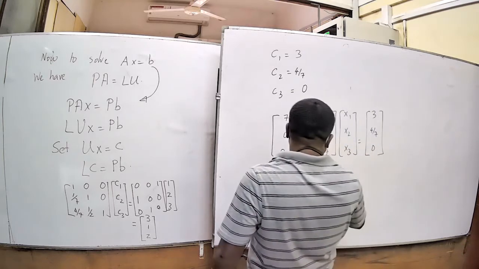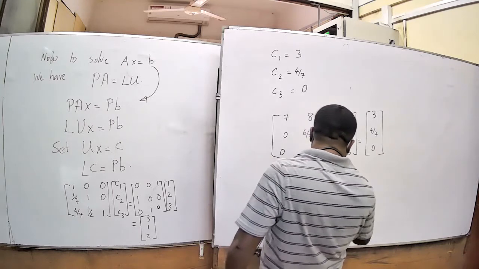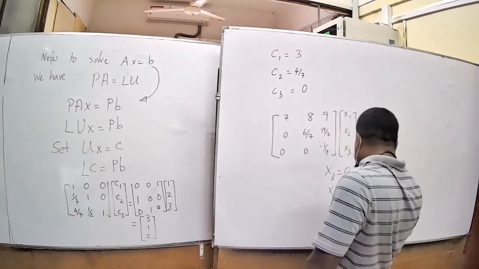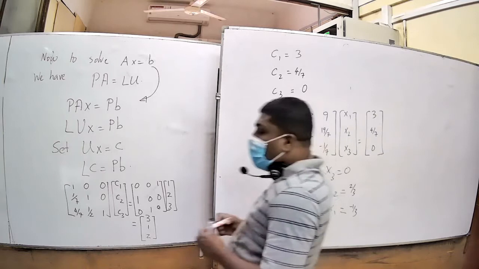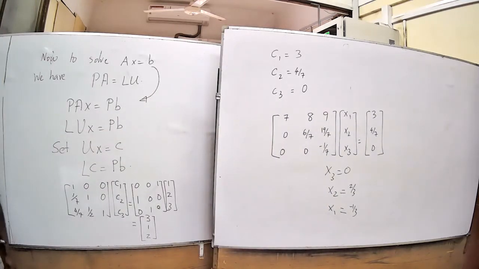So you get x3 is equal to 0, x2 you can find, x1 you can find. Right? So you get 2 upon 3 and minus 1/3. Right, so this is how you solve the system by using Gaussian elimination with pivoting.